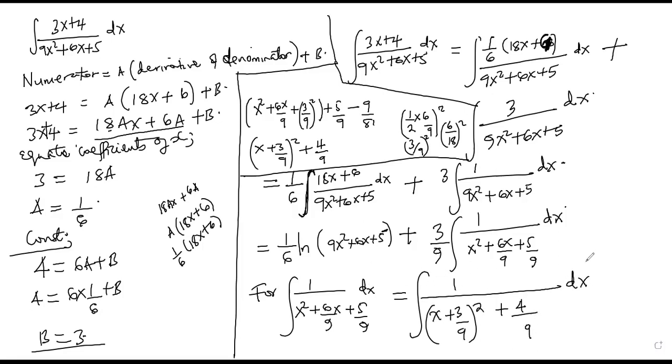Now, here you can see that really we shall employ tan substitution because it is taking the form that necessitates us to apply tan substitution. So let me first capture this, then we progress.